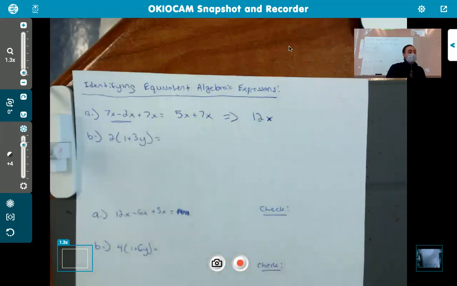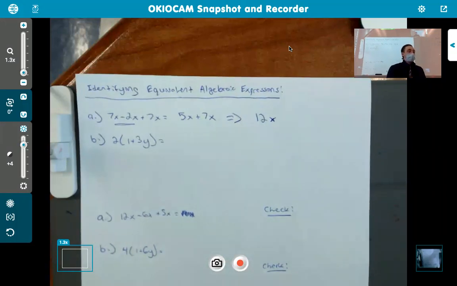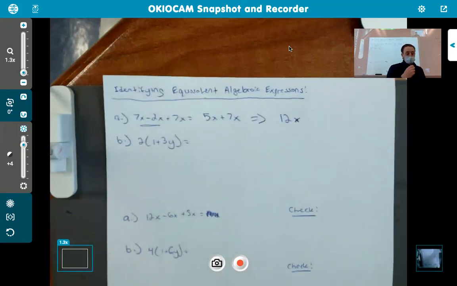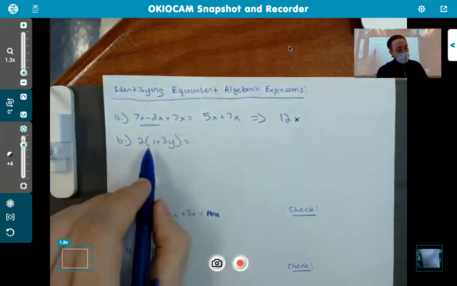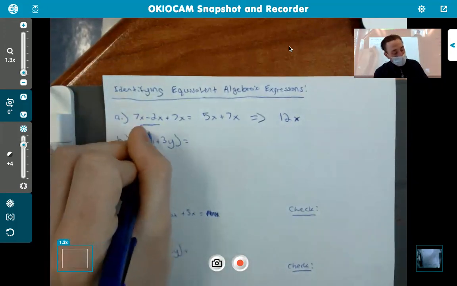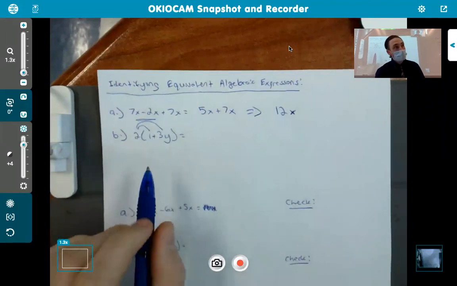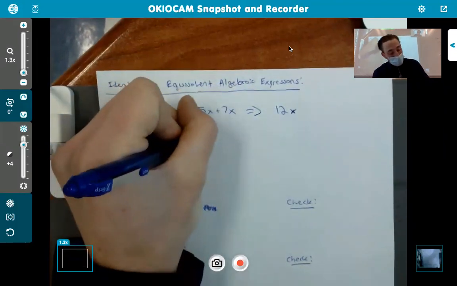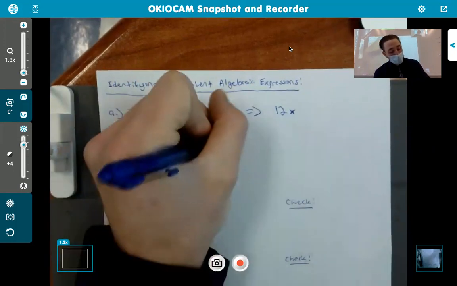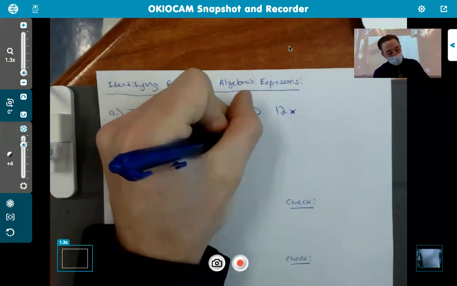Same goes for part B. Now, this one was probably a little bit easier for us, right? We did a lot of distributive property at the beginning of last week. So let's recall what the distributive property is, right? In part B, I'm going to take the 2, and when I distribute, I'm multiplying those terms together, right? So I have 2 times 1 plus 2 times 3y.